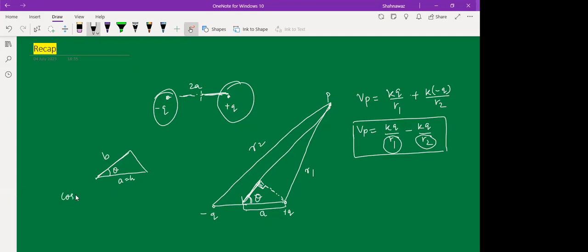So cos theta would be base by hypotenuse, right? Cos theta would be base, which we want to calculate, by hypotenuse, which is A. So x would be how much? A cos theta. Is that clear? Yes, sir. So this distance is A cos theta.